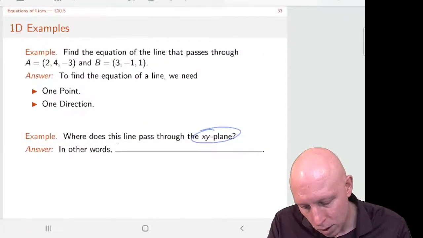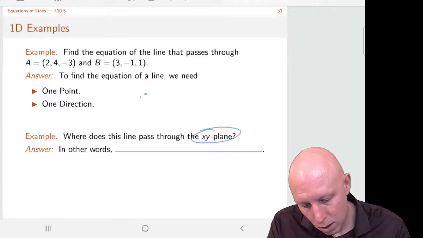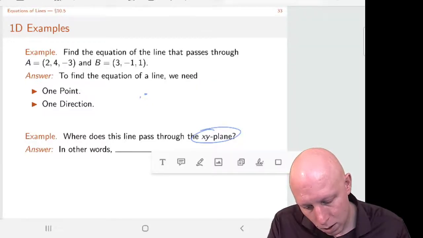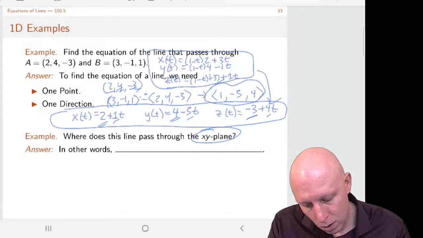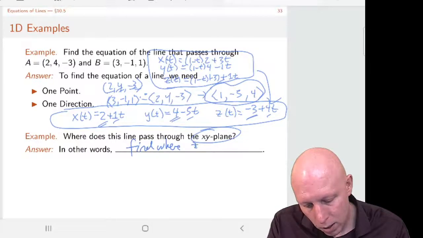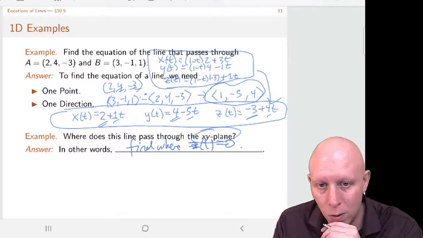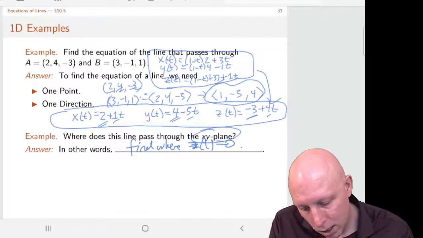So in other words, what we want to do is find where z of t is equal to 0, because if you're in the xy plane, the z-coordinate is 0.